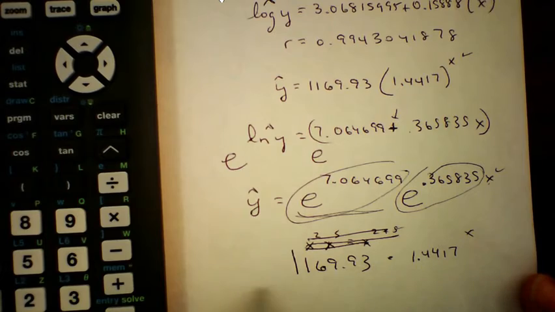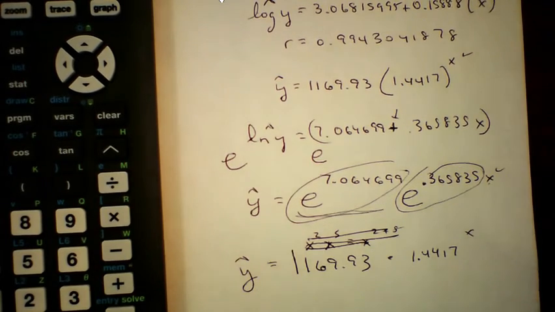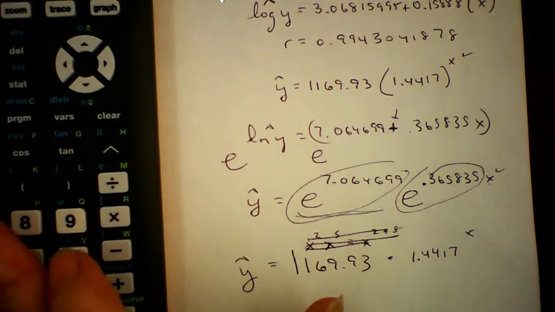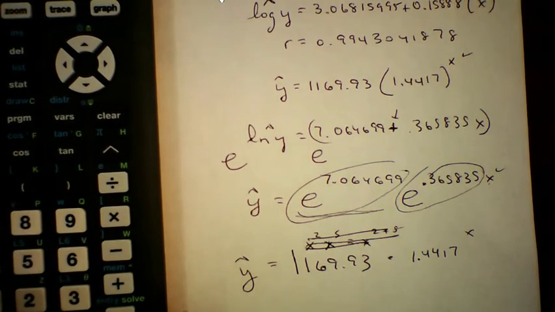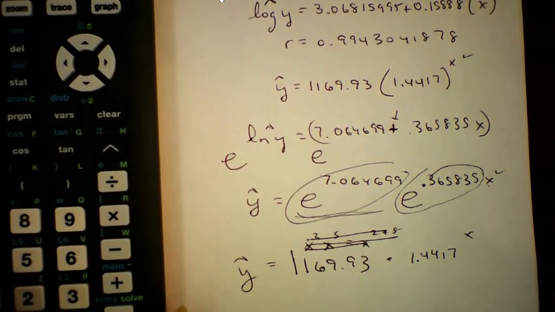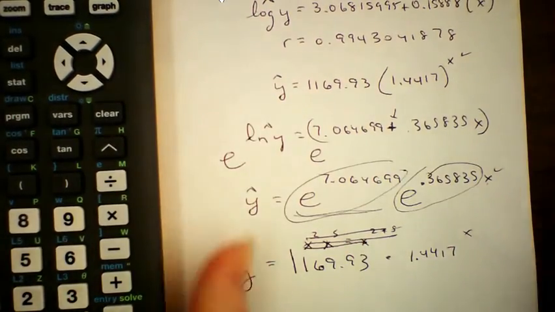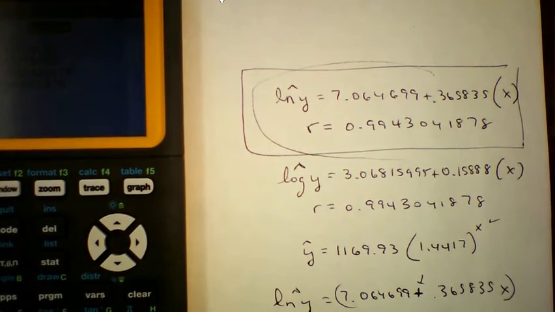So that's how, using some properties of exponents in algebra, I can actually come up with the exponential model. So when you have something exponential, you can always try using the exponential model on the calculator, that key, or write it in logarithmic form like we did originally.